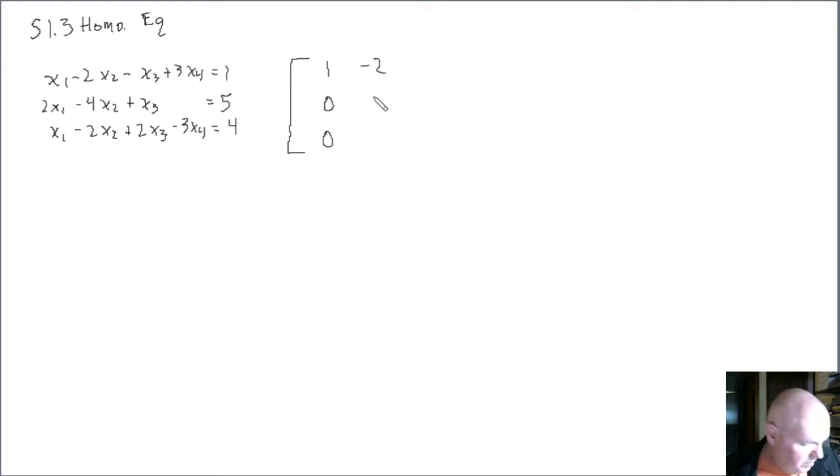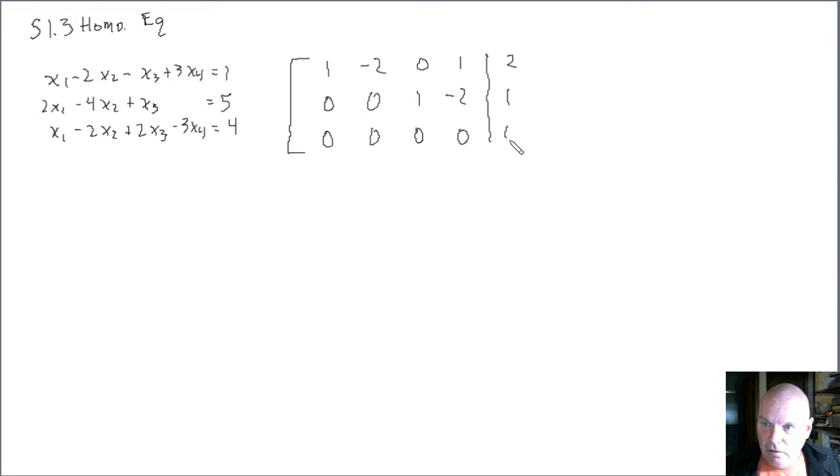So I'm not going to repeat those steps. Again, they are in the textbook, in that example. Minus 2, 0, and then the constant vector reduces to 2, 1, 0. So this is the reduced row echelon form.